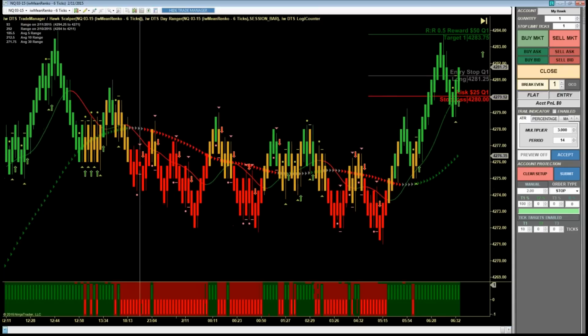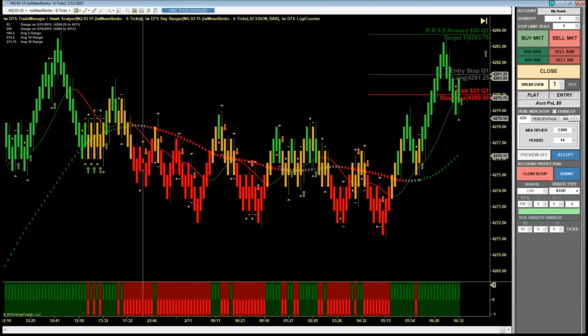You're strangling your trade. You're not giving this market any room at all. If it backs up even on you for a tick or two, you're stopped out. And while it may have ended up being a good trade, you could have been left behind. For me, there's only one thing worse than a losing trade, and that is a winning trade that you got stopped out of prematurely because your stop was too tight.